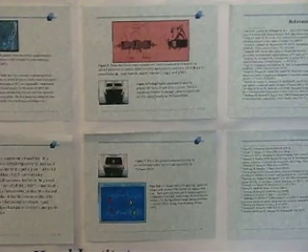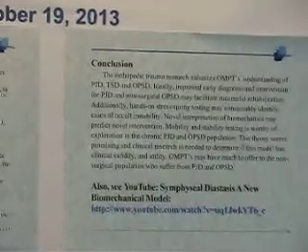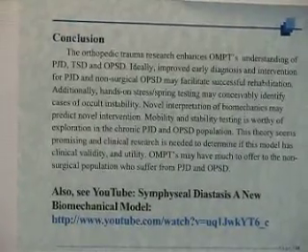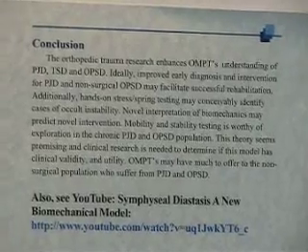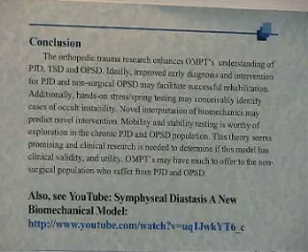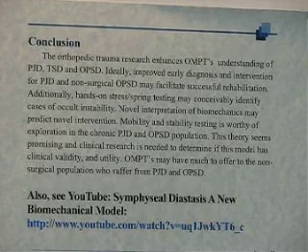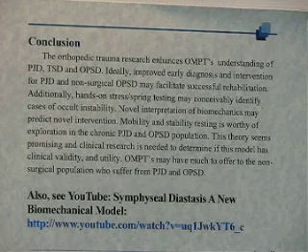So let me get to my concluding statement, please. The orthopedic trauma research enhances the understanding of orthopedic manual physical therapists in how they can evaluate and treat pubic joint dysfunction and traumatic symphyseal diastasis, which would obviously be in the subacute phase, and the same for obstetric pubic symphyseal diastasis.